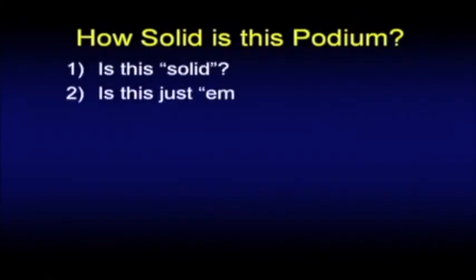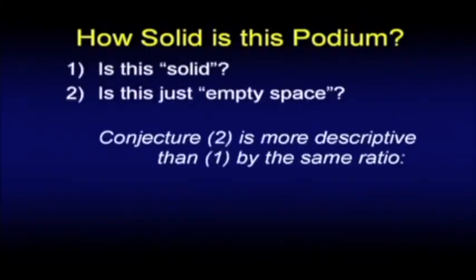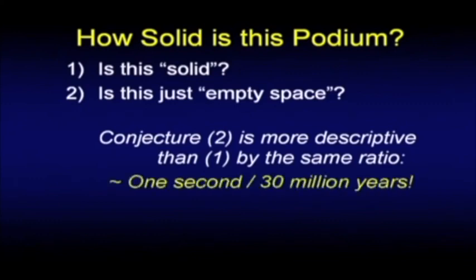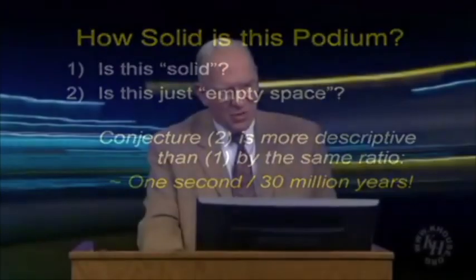Well, that ratio, 1 second to 30 million years. Do the math sometime. It's astonishing. So is it empty space? Conjecture 2 is more descriptive than 1 by the same ratio. It's more empty space than solid by a ratio of 1 second to 30 million years. And I want you to get a feeling for this illusion that we call solidity, if you will.